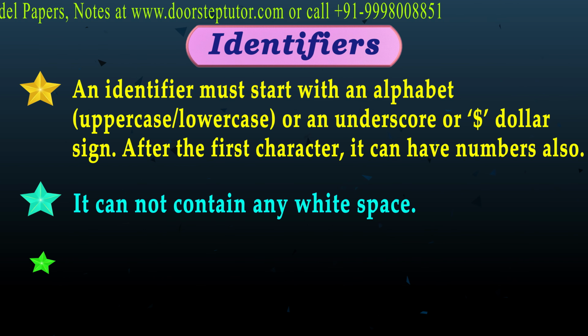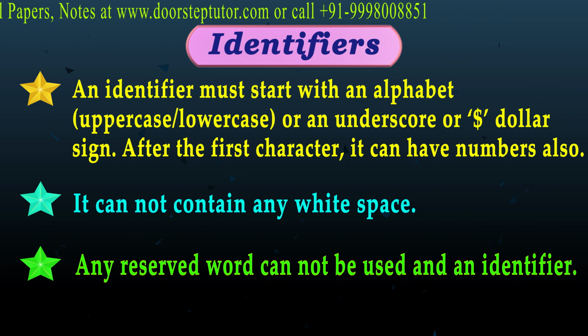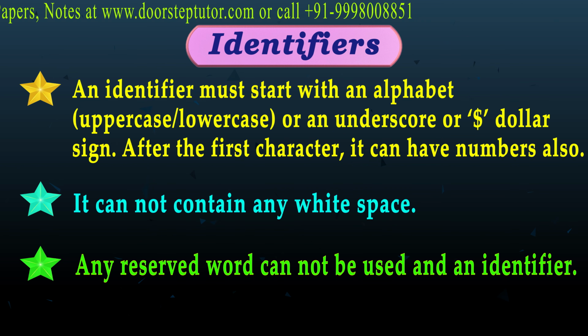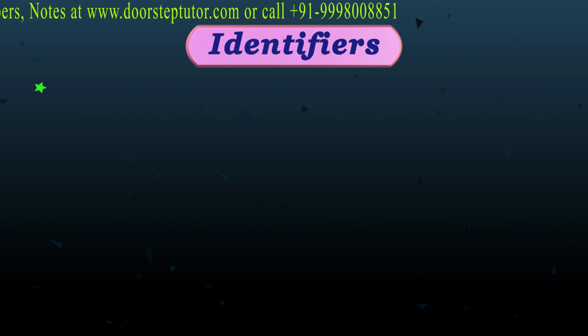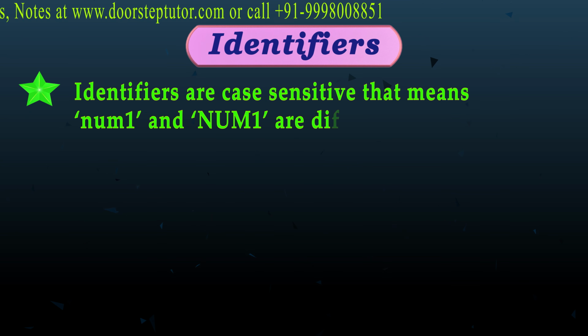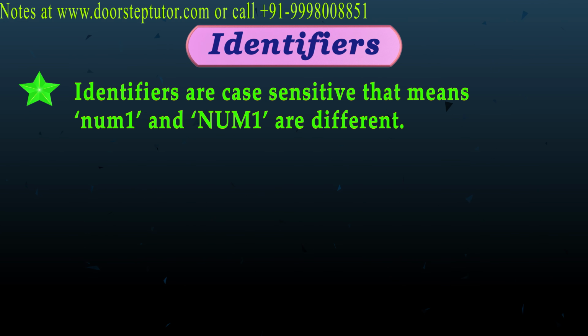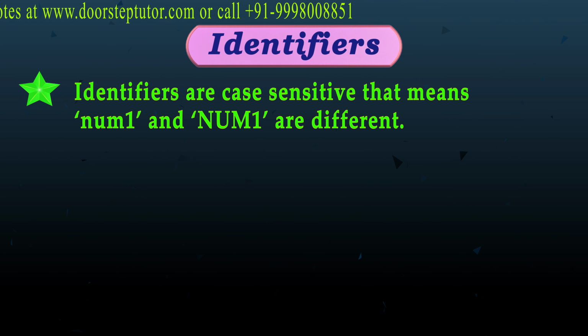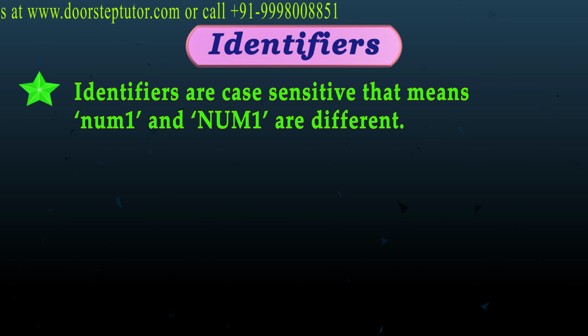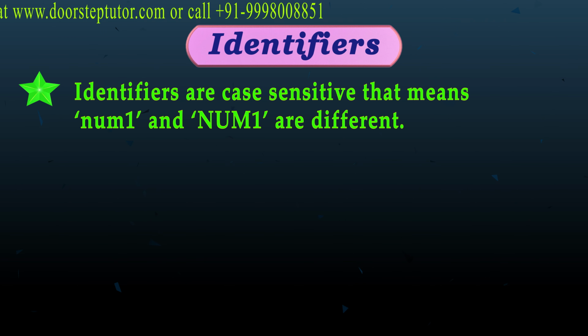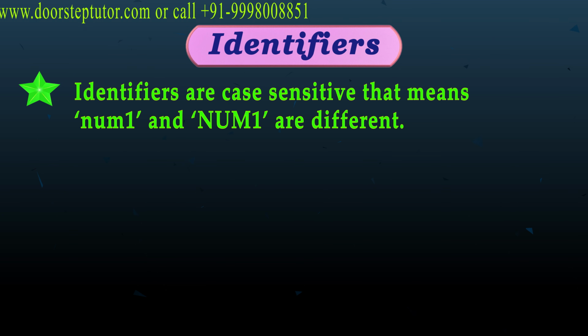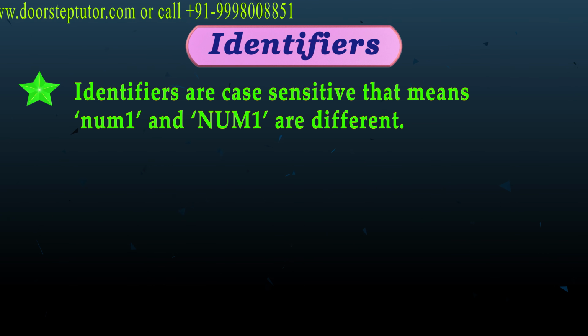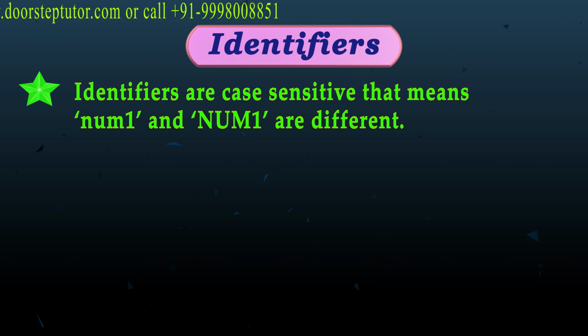Then any reserved or predefined names cannot be used as an identifier. Then after the alphabets we can use a number, like num1. Num1 with different cases are different, which means that if we take lowercase and uppercase, both will represent two different values.